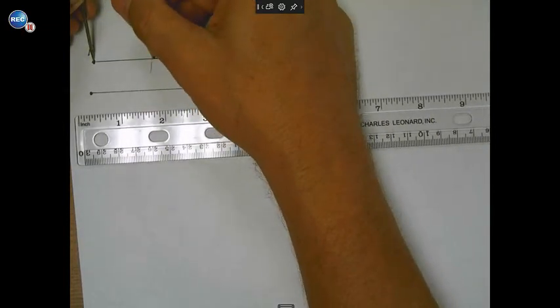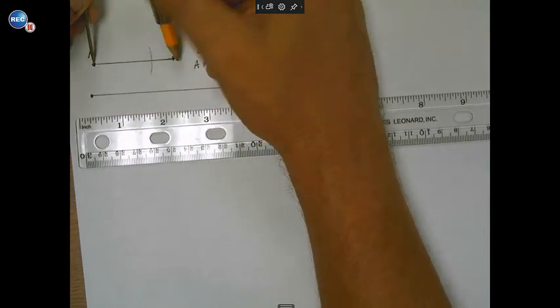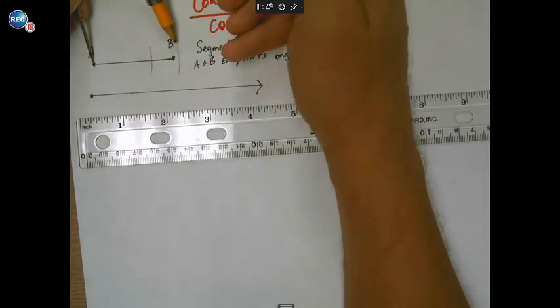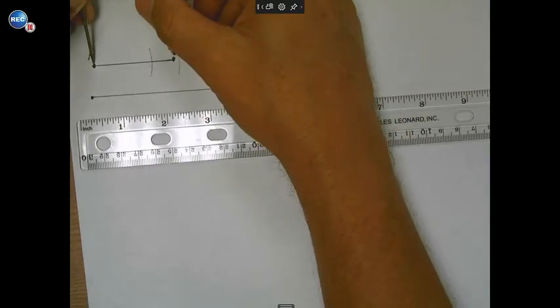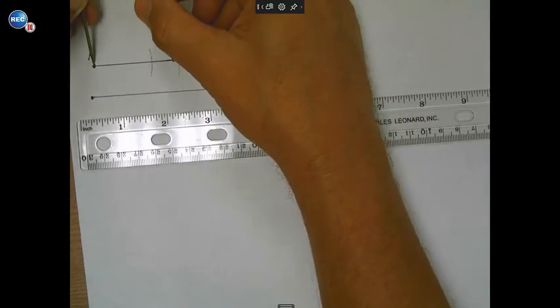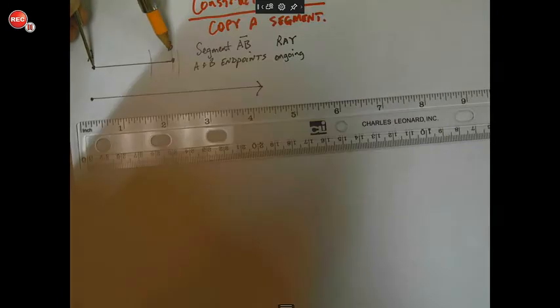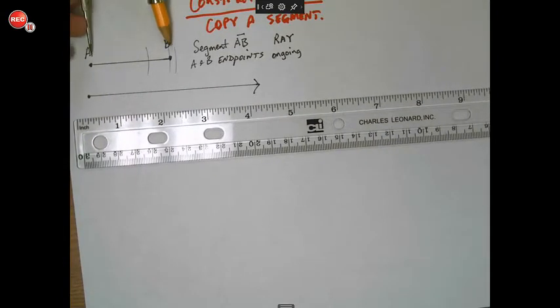Another term for that is the radius of a circle. Widen out. What if I go too far? That's no good either. I want to be precise. So I want the pencil tip to intersect with B, which is a point. So A and B are endpoints.